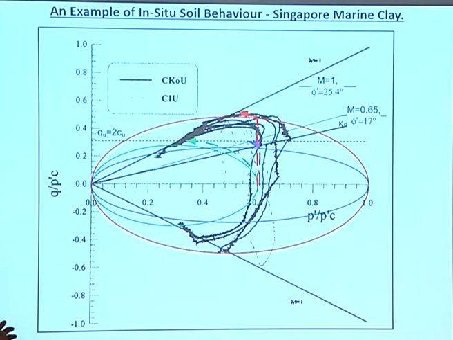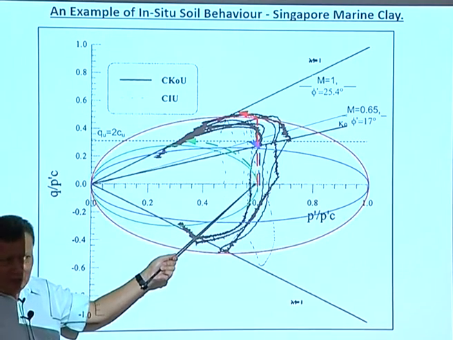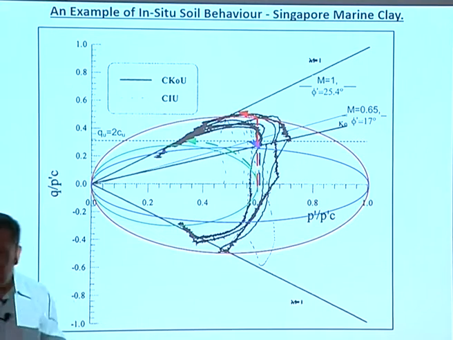Okay? So the red line, I don't recommend. The green line is to take the opposite extreme. I treat this as a normally consolidated clay. If you say, I don't sample the soil very well, it's come out completely disturbed, it looks like under consolidated, but I assume that it is normally consolidated.